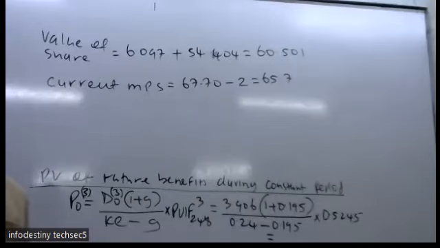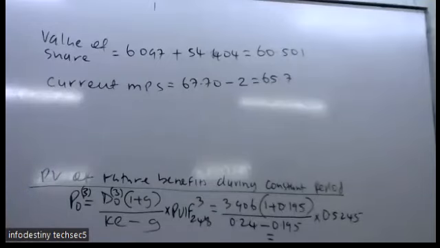The market is selling at 65.7, but the true value when you calculate it is 60. So it has been overvalued by the market.